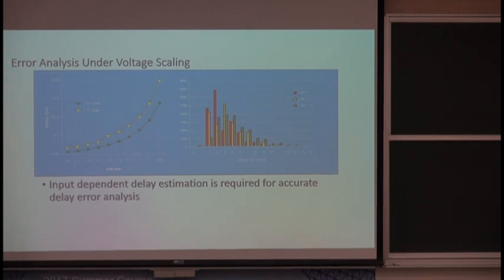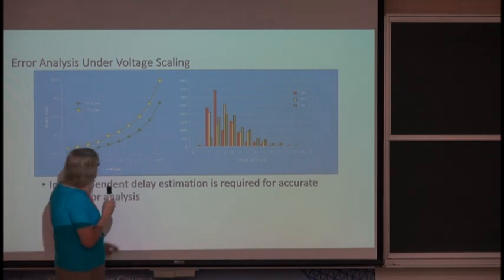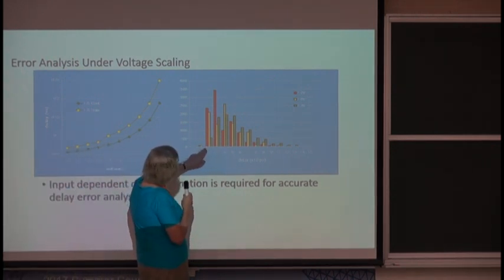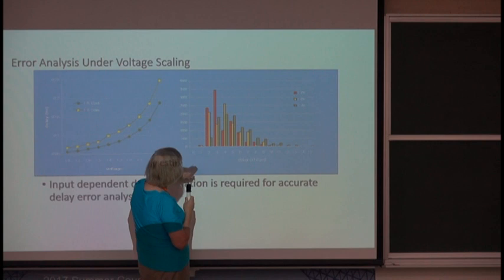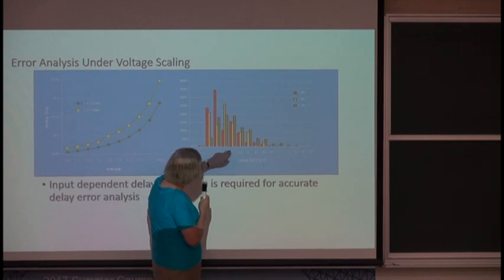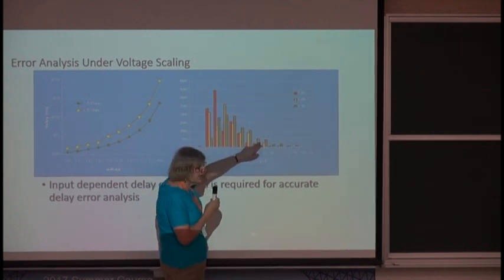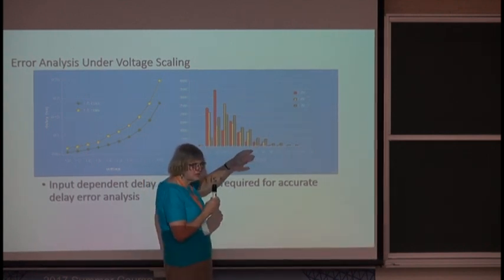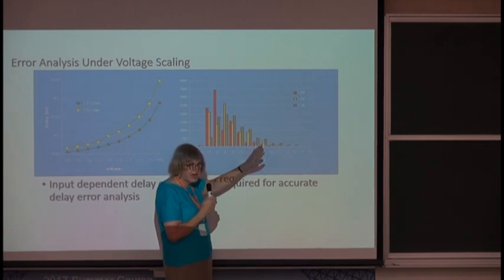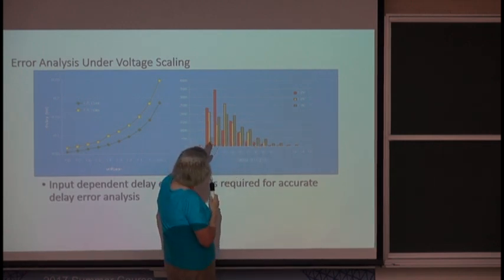Okay, so this plot shows you, for an adder, for different inputs, the spread of delays. The delay is going to depend upon the input value you give the adder, but it also depends on the power supply voltage.